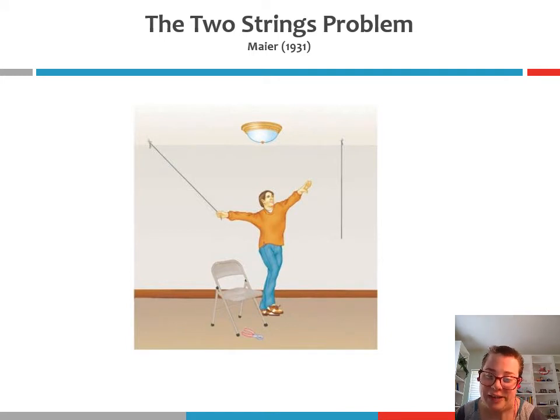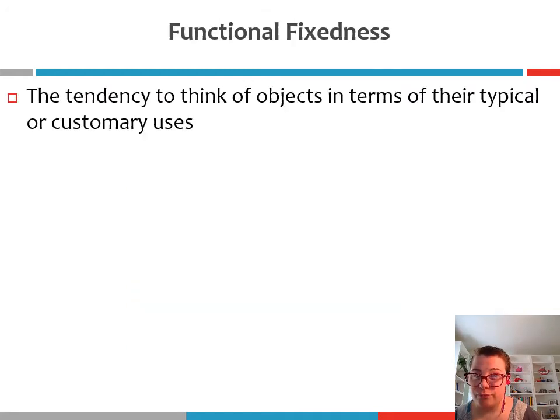So what does this mean? What do the candle problem and the two strings problem have in common, and why are they interesting to psychologists? Well, the reason is because they both illustrate something called functional fixedness. Okay, so functional fixedness is the tendency to think about objects in terms of their typical or customary uses, right?